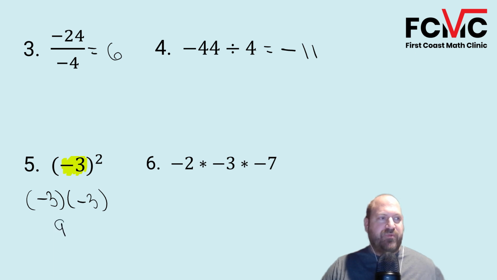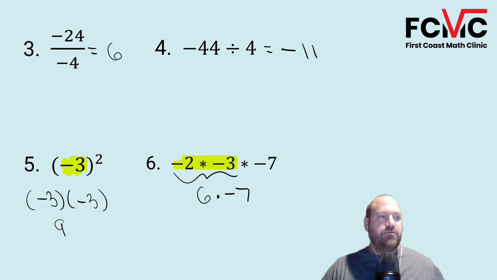And then number 6, we're multiplying three values. So we can go left to right. So I'm going to start with -2 times -3. So I'm multiplying two values that are the same sign. So the sign of our answer should be positive, and a negative times a negative gives us +6. So 2 times 3 is 6. I'm going to bring down the times -7.